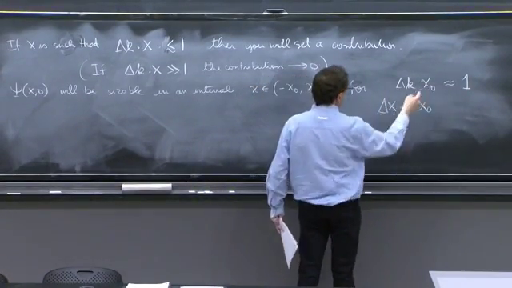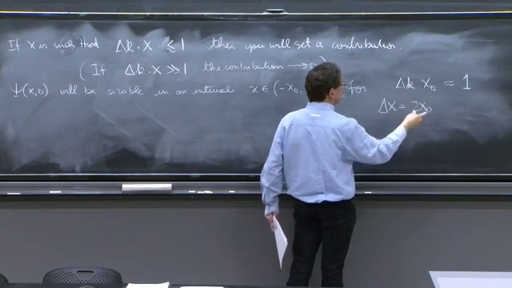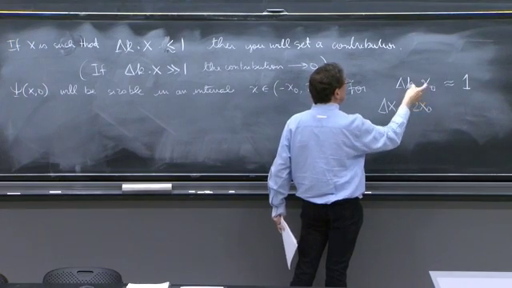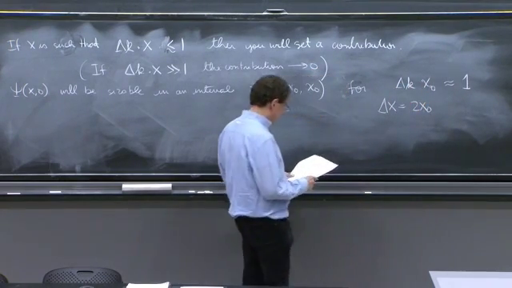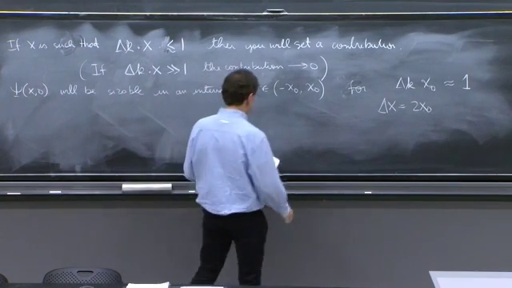So this x0 is basically the uncertainty in x, and you would get that delta k times delta x is roughly equal to 1.